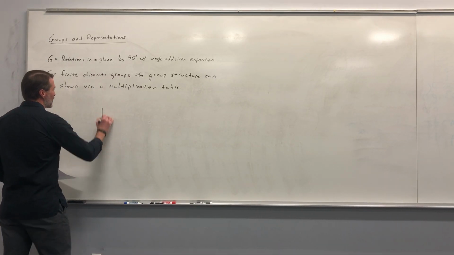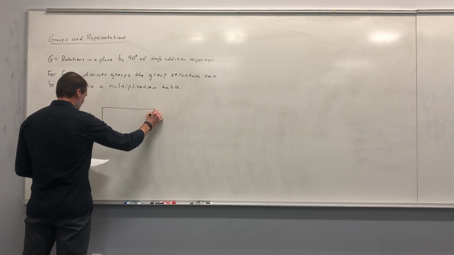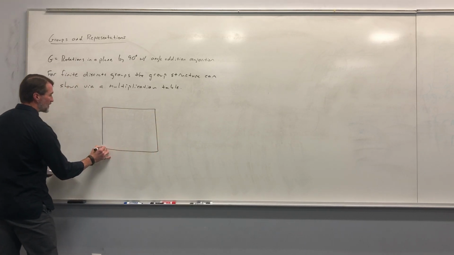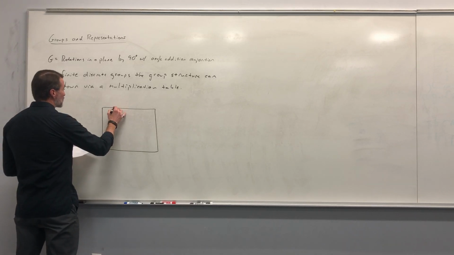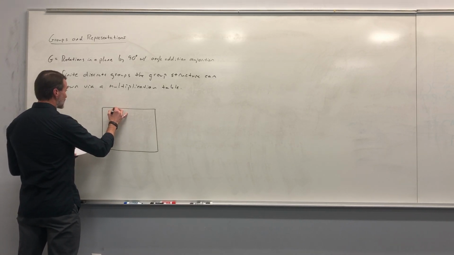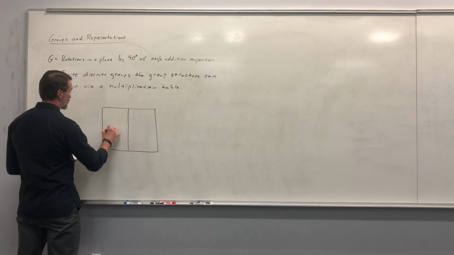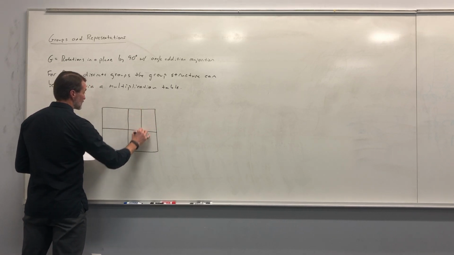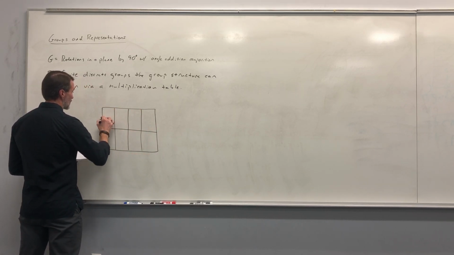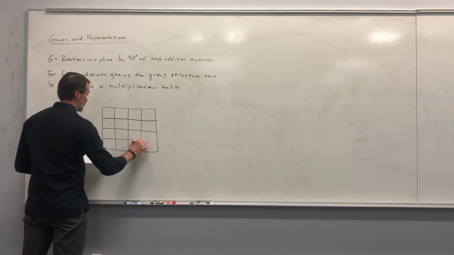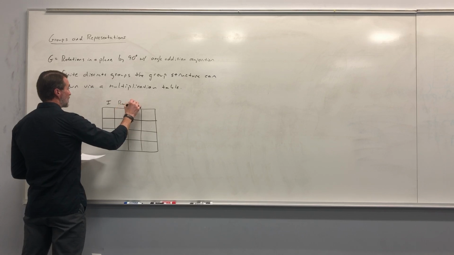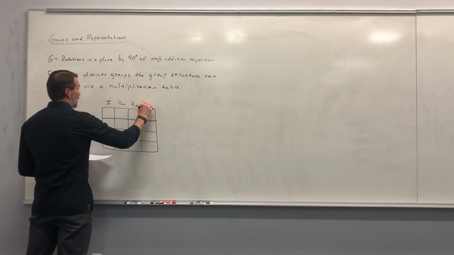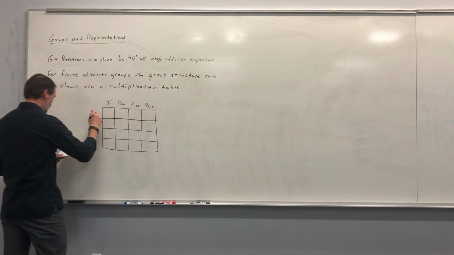All right, so for the group that we worked with earlier, to form the multiplication table, we basically want to take it and form a table. And then we want to list the elements of the group across the top and down the side.